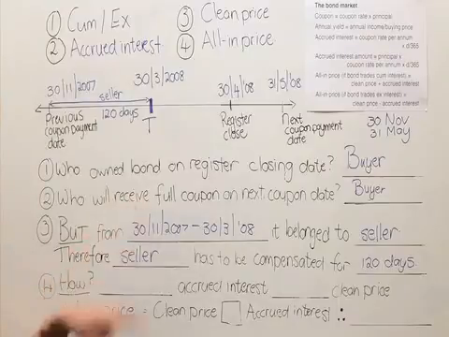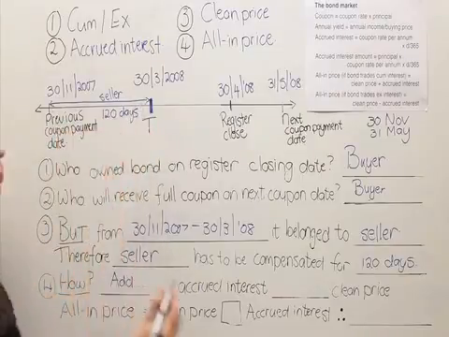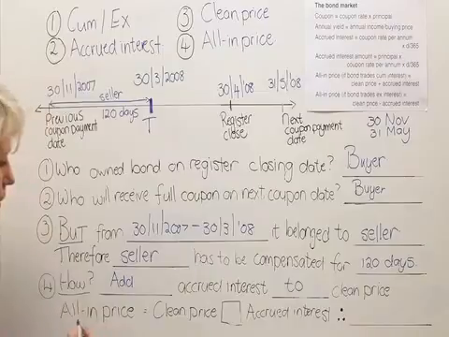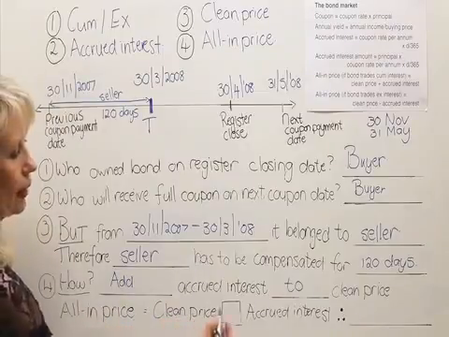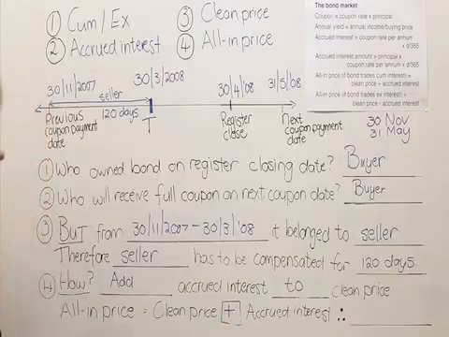Now, how will the seller be compensated? We will add the accrued interest that he has to receive to the clean price. So to calculate the all-in price, the clean price plus accrued interest has to be added together.